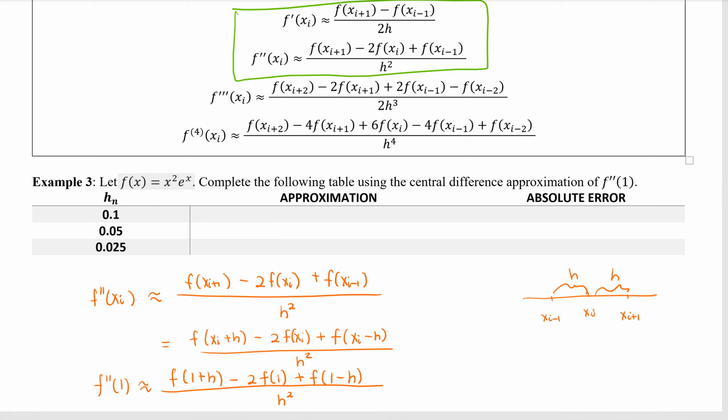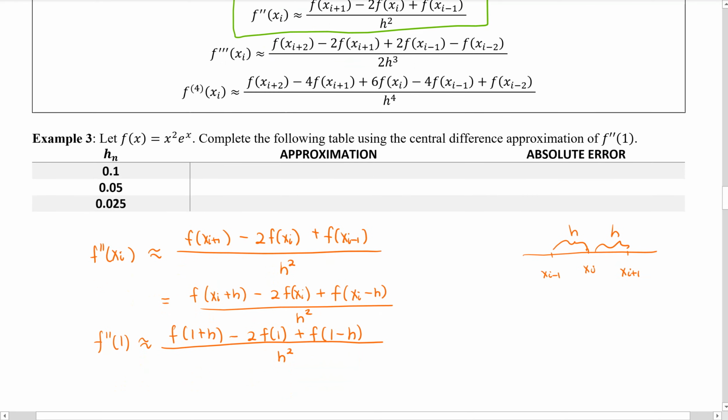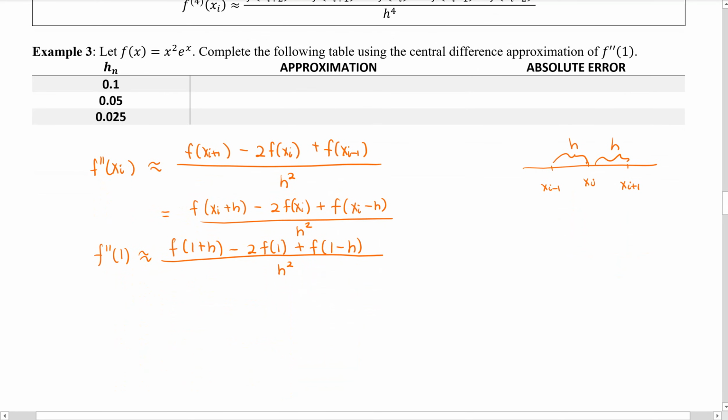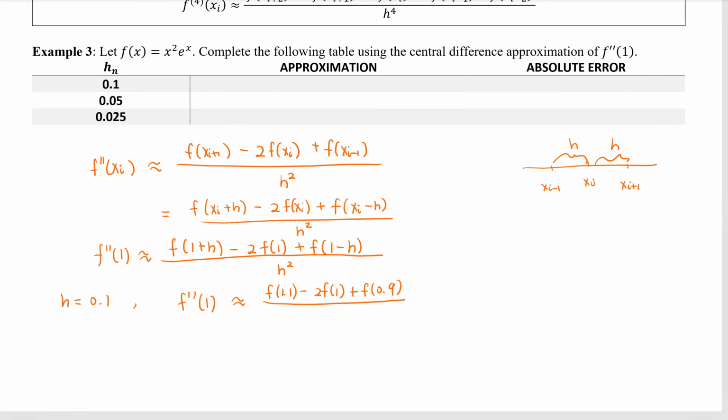So next, we're gonna plug in our example. So first, h is 0.1. Then the second derivative is approximated by f of 1.1 minus 2 f of 1 plus f of 1 minus 0.1, which is 0.9, all over 0.1 squared. Okay, what is that?